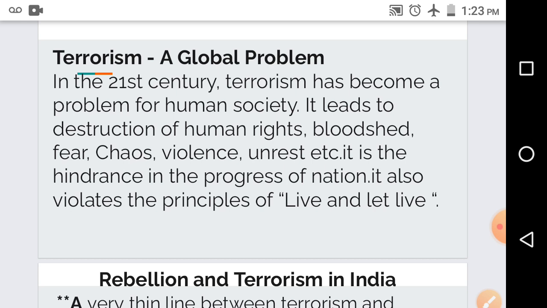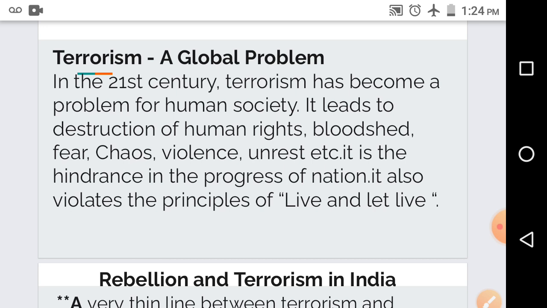It leads to destruction of human rights, bloodshed, destruction, fear, violence, unrest, etc. Although terrorism has no connection with any religion, yet by linking terrorism with religion, terrorists are indulging in cowardly and hateful acts. It is a hindrance in the progress of a nation.